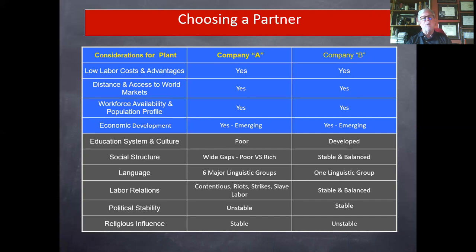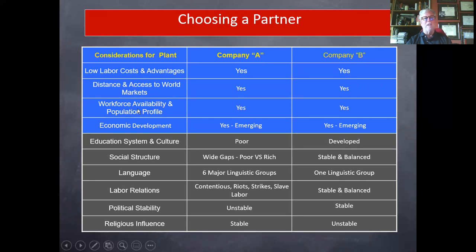If you're choosing a partner, here are some of the factors, and I have here choosing a plant, company A, and I'm assuming this would be in one country and company B would be in another. So you'd be looking at things like labor costs, distance to world markets, what's your logistics cost going to be?